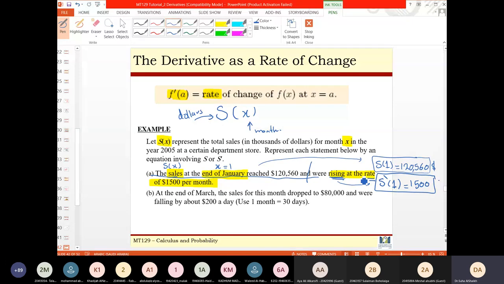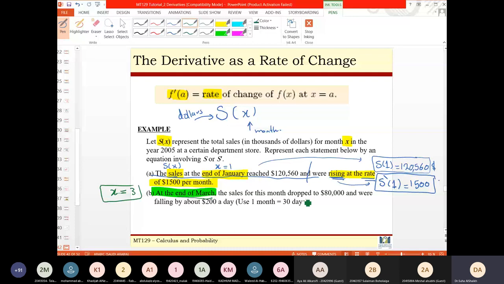Let's check the second one: at the end of March. What month is March? What does the end of March mean? Month 3. So I'm talking about X3 in this case, at the end of March. The sales for this month dropped to $80,000.